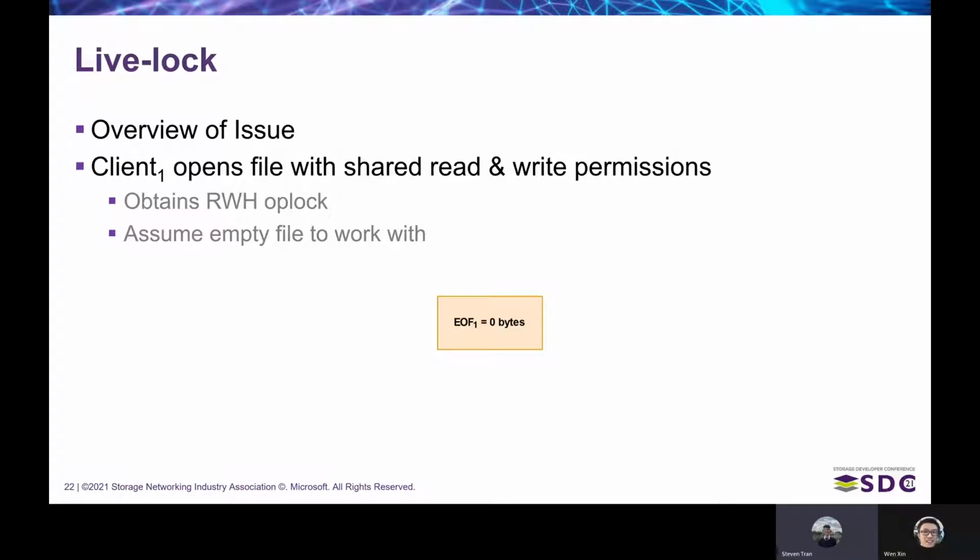So at this point, it should have the read write handle, RWH, oplock for client caching purposes, assuming leasing is enabled. For a quick recap of these oplocks, RWH: the R oplock allows the SMB client to read from its local cache. The W oplock allows the SMB client to write locally without any need to flush the written data back to the SMB server right away or the down-level file system.